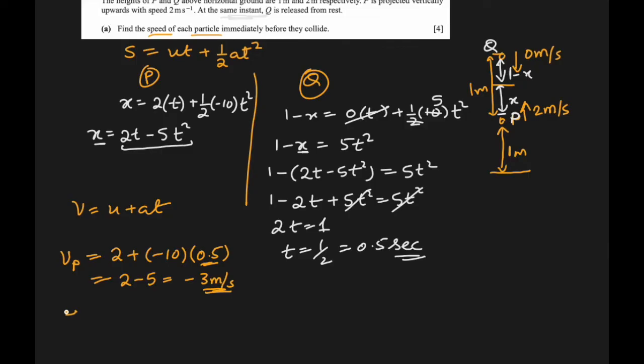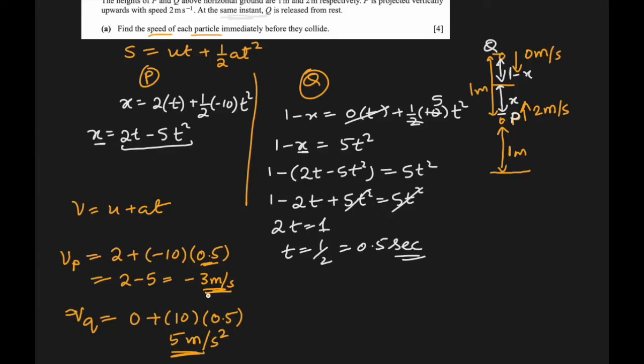Now vq equal to 0 plus, this time positive 10, it will speed up, and the time is 0.5 seconds. So it will be 5 meters per second downwards.